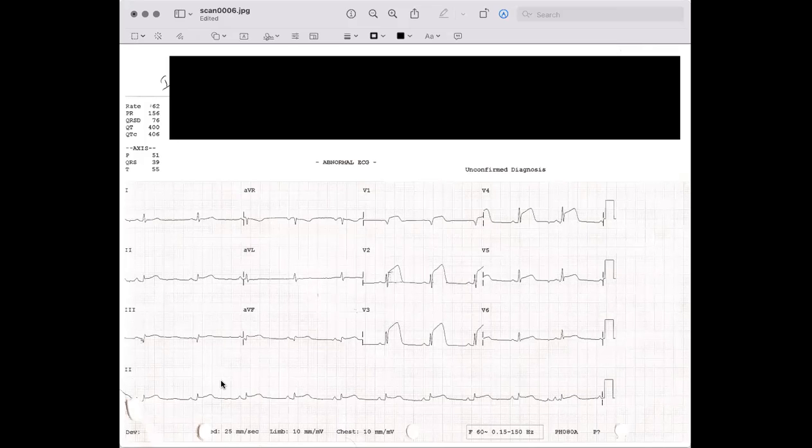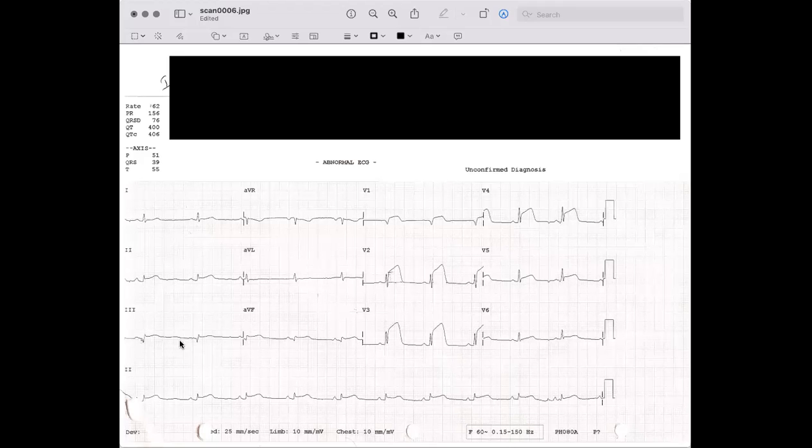Two, every QRS is preceded by a P wave, right? So every QRS is preceded by a P wave. Excellent. And then the P wave is upright, so it's a positive P wave axis on lead 1, 2, 3.